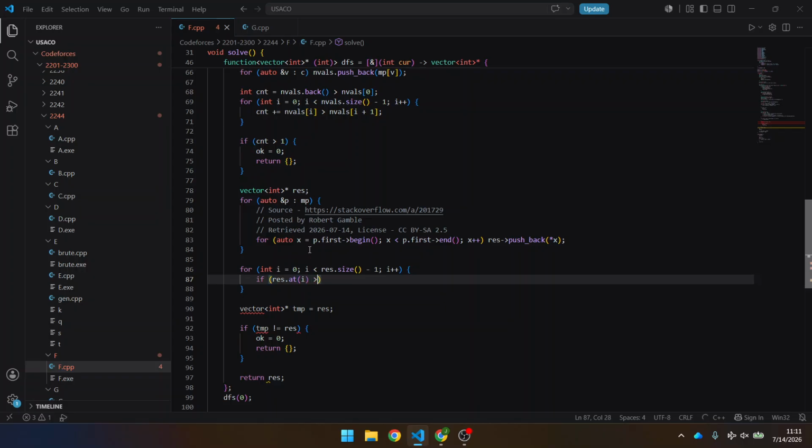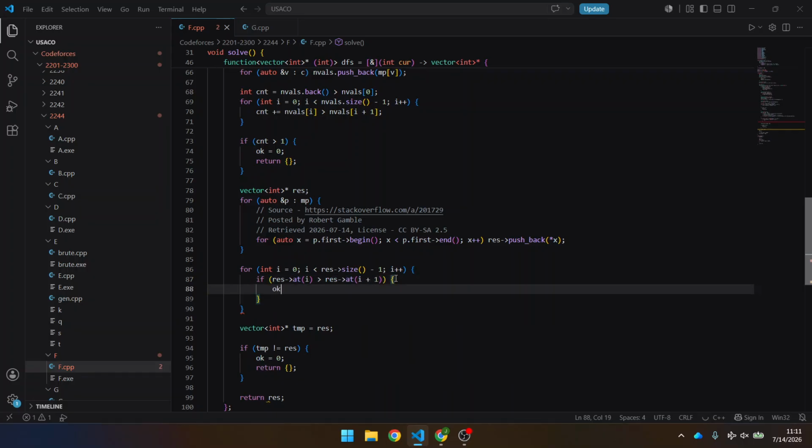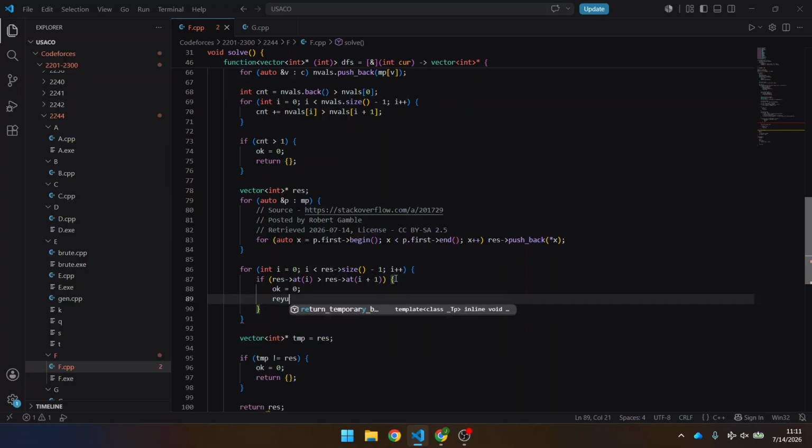Rest dot at I is greater than rest dot at I plus one. Okay, 0.